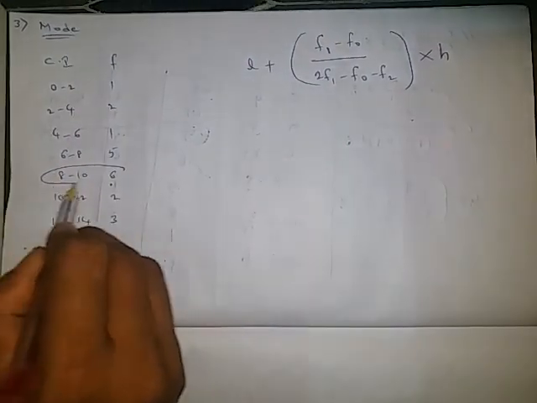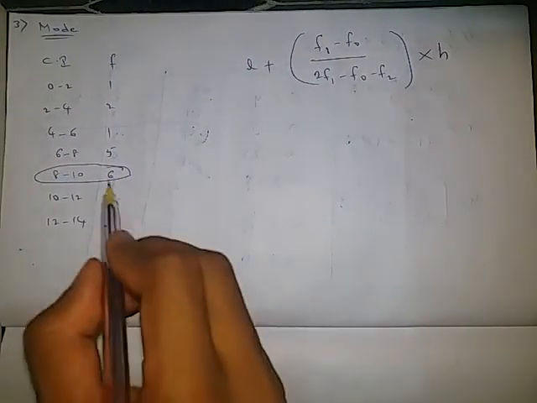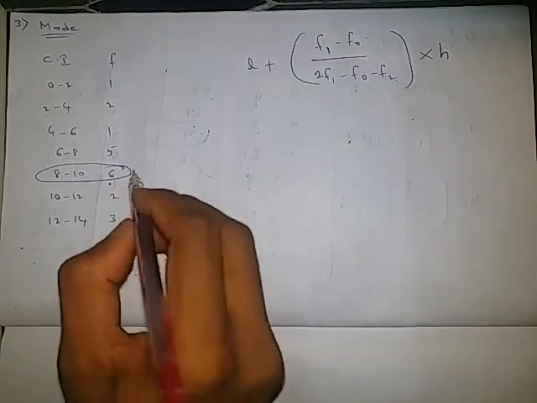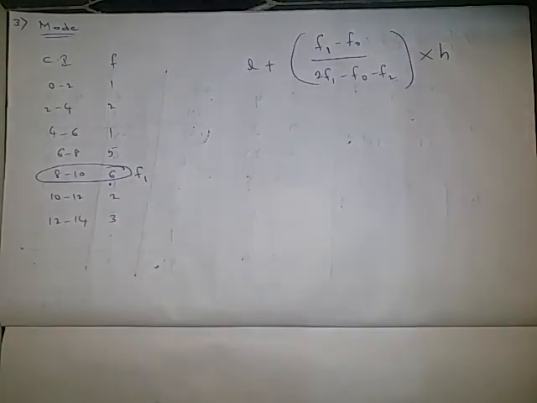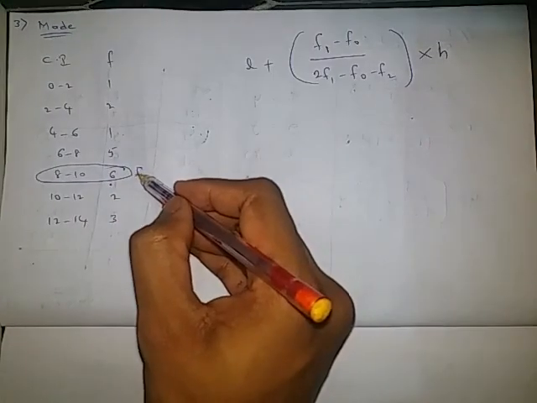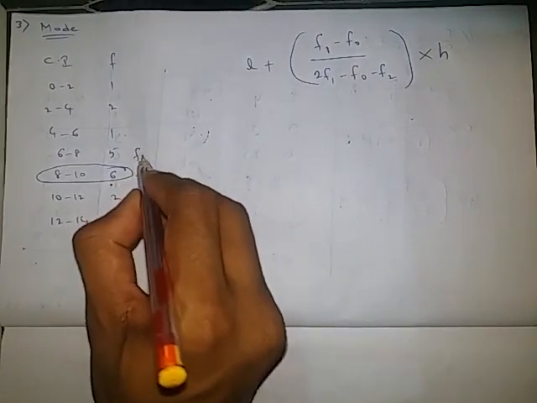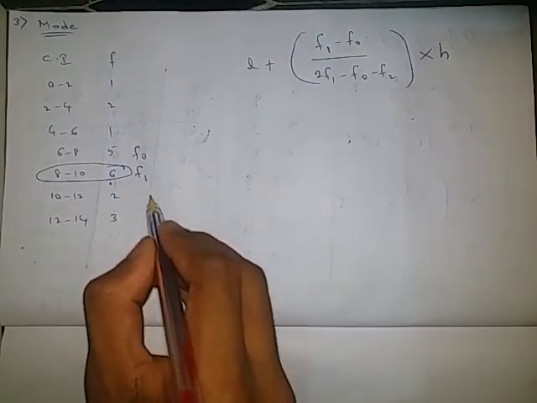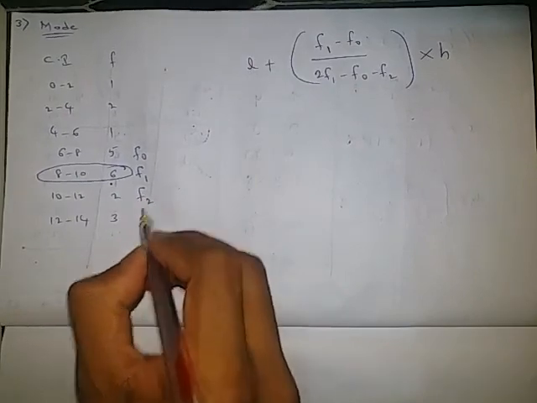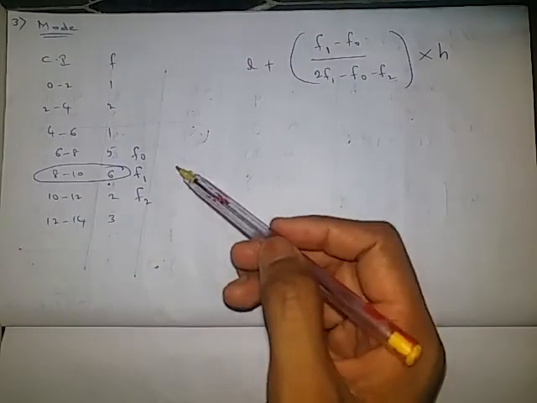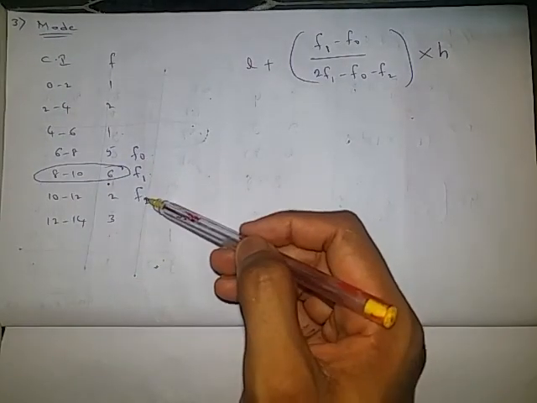So observe this now clearly. Where we have the biggest frequency, that is said to be F1. The frequency above that F1 is said to be F0. The one after that F1 is said to be F2. So we got F1, F0, F2.